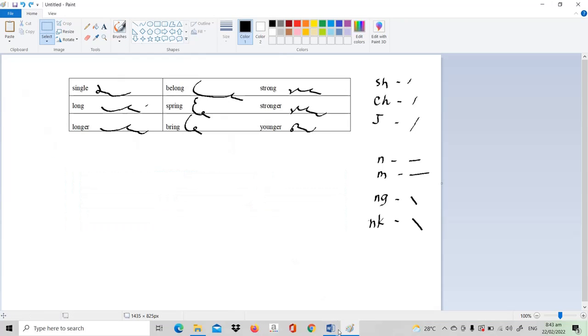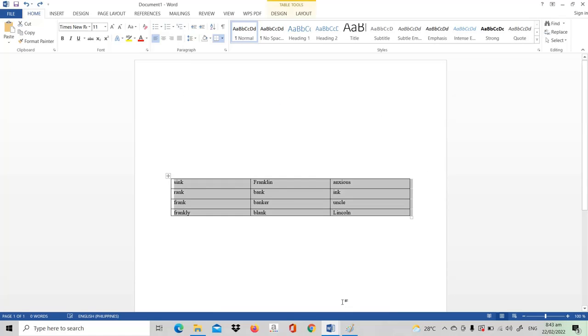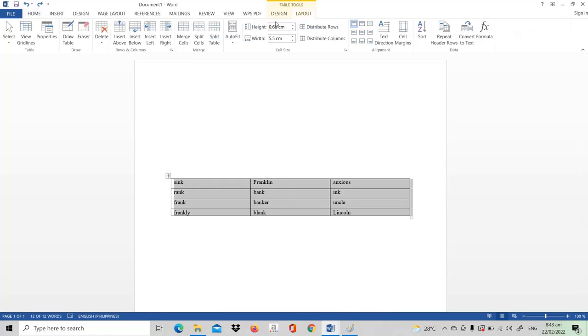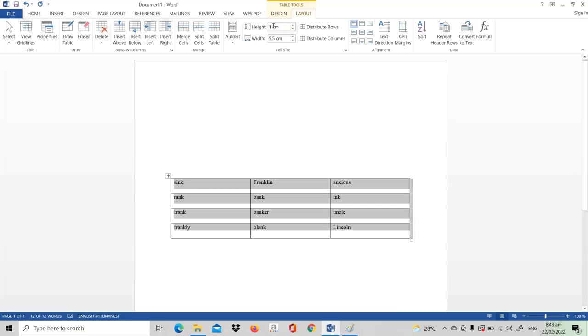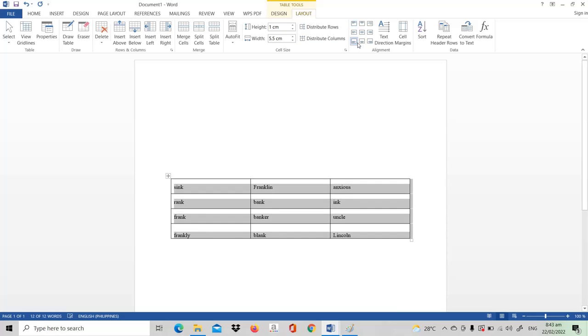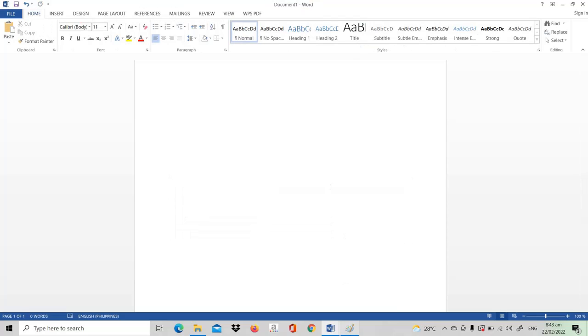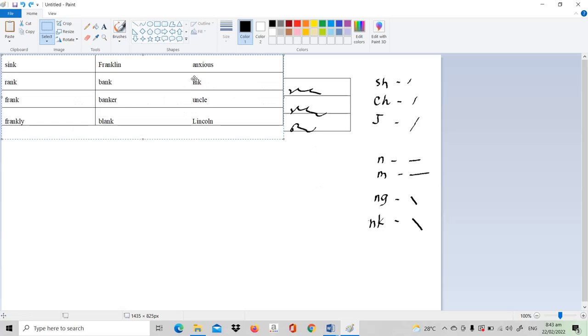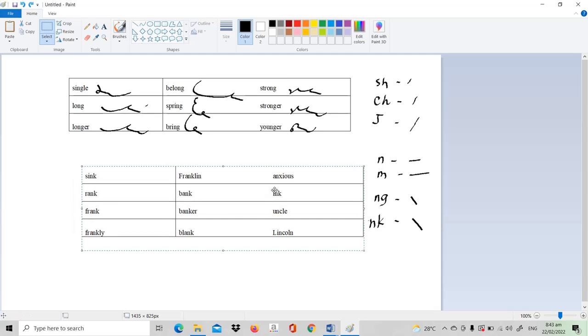Lakihan muna natin. Ayan. So, we have sink. Yun naman, mas mahaba na yung ating NK.